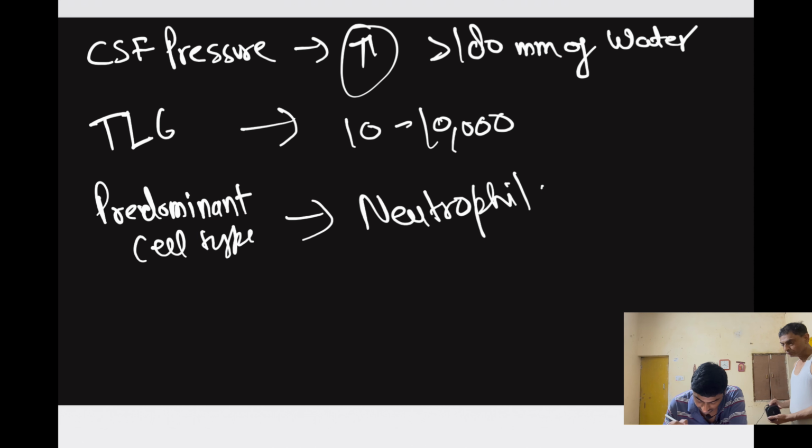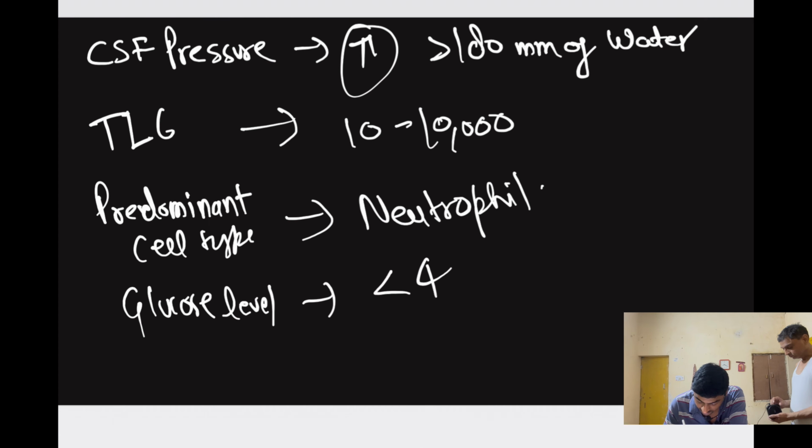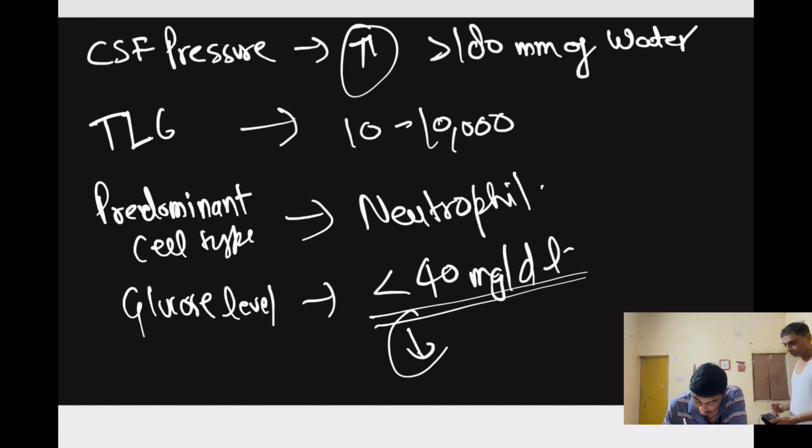And the glucose level in acute bacterial meningitis is less than 40 milligram per deciliter. It can also be decreased or even absent.